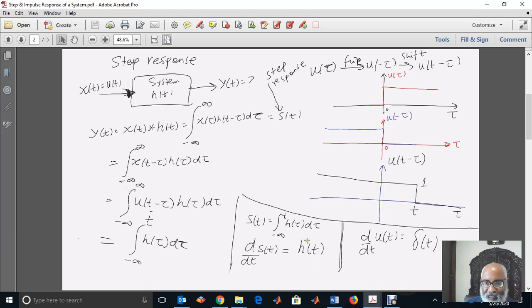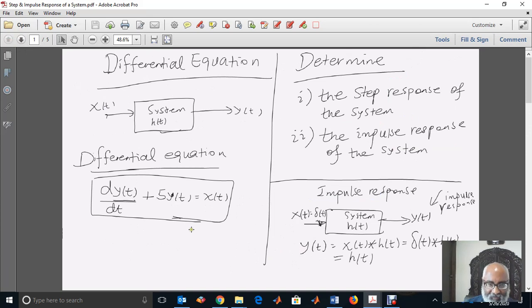That means if I am asked to get the impulse response of the system, because it's difficult to solve the differential equation with an input Dirac t, which is the impulse, it's difficult to solve this equation with the input x(t) equal to Dirac t.